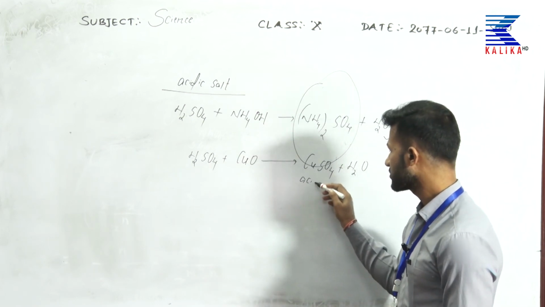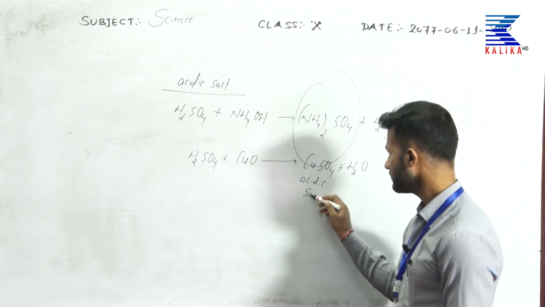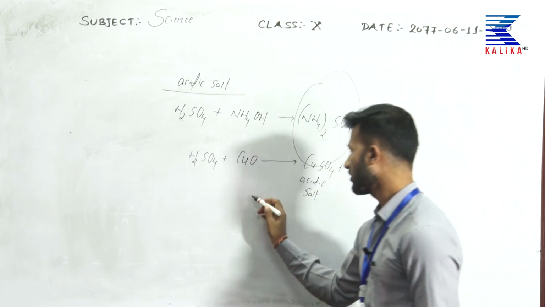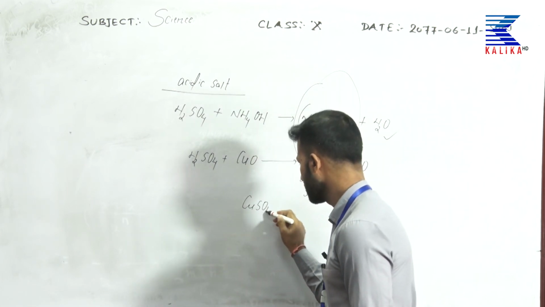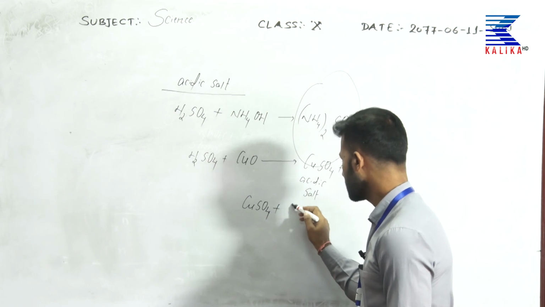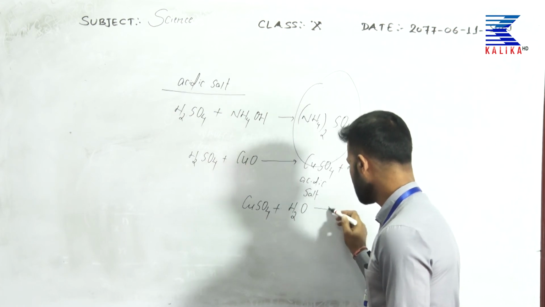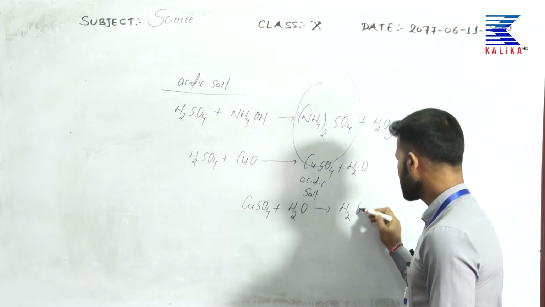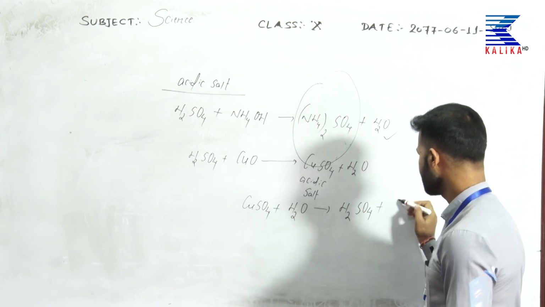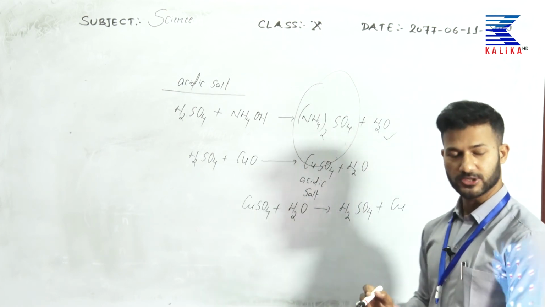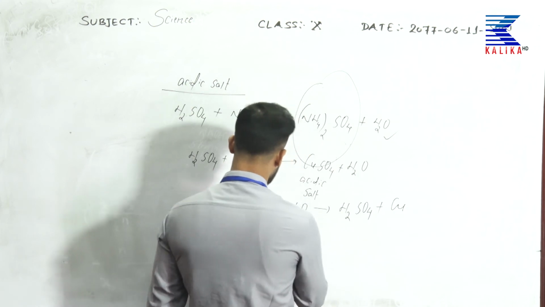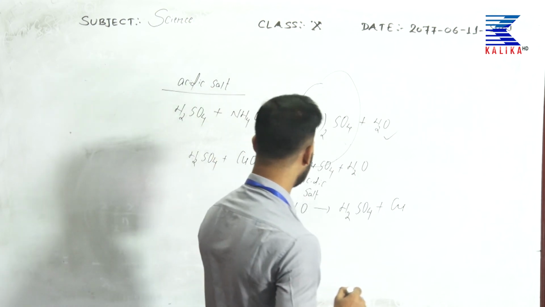This is acidic salt. Because whenever this copper sulfate is treated with water or its aqueous solution is prepared, it forms sulfuric acid back. Means copper sulfate is acidic in nature.